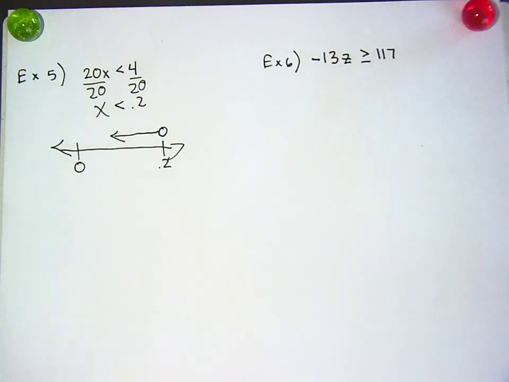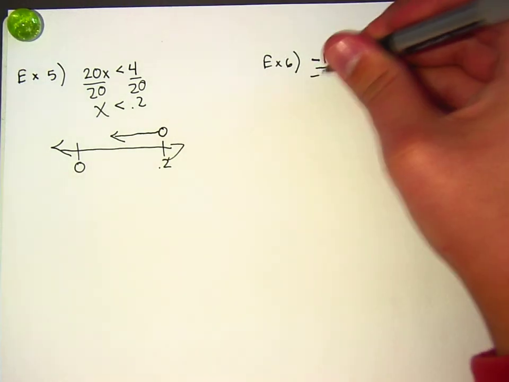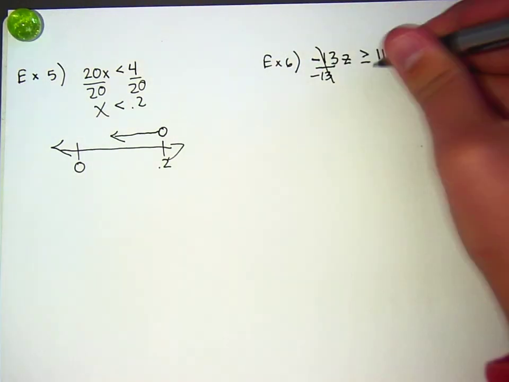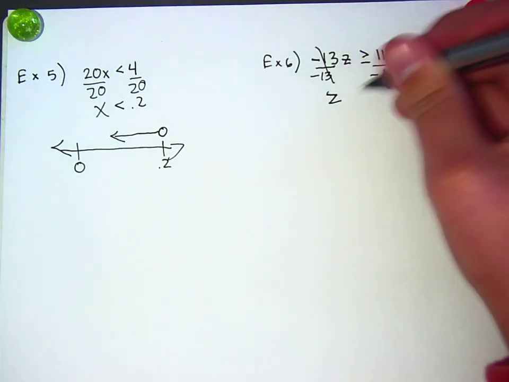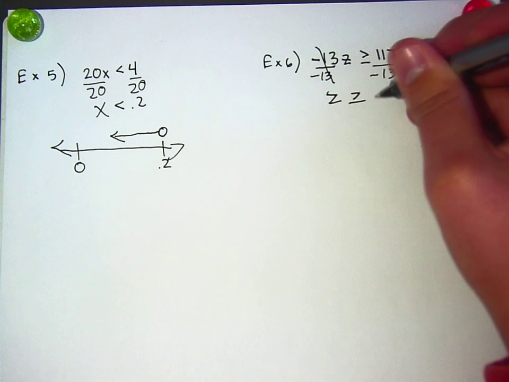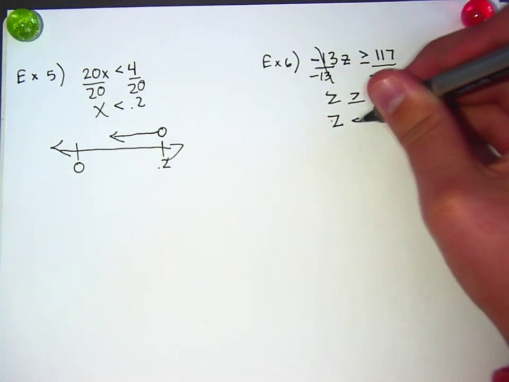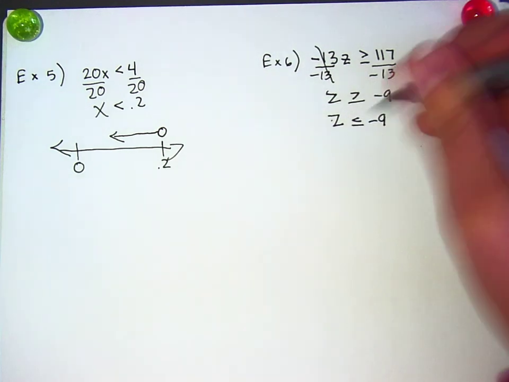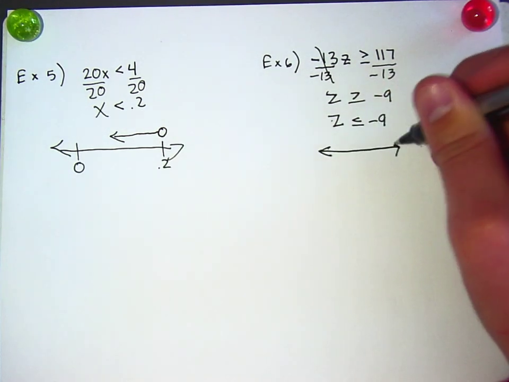All right, so what you want to do first is divide -13 on both sides. And then you got z is less than or equal to -9. But you gotta flip it because you divided by a negative. And then for the number line, put -13 on the left side.